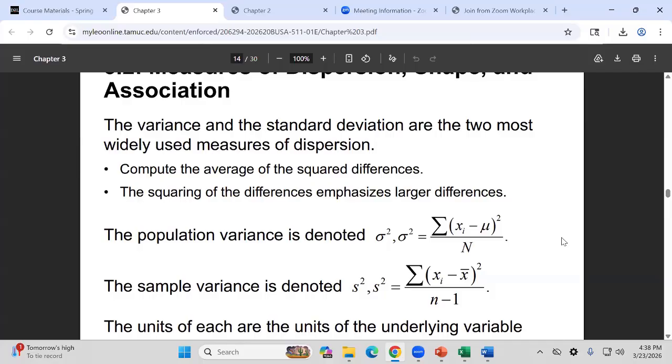One point you need to pay attention to is that here we talk about two ways of calculation. If you calculate the population standard deviation, the denominator should be n, the number of data in the population set. If you calculate the sample standard deviation, the denominator should be n minus 1, the number of data in the sample set minus 1. That's a major difference.